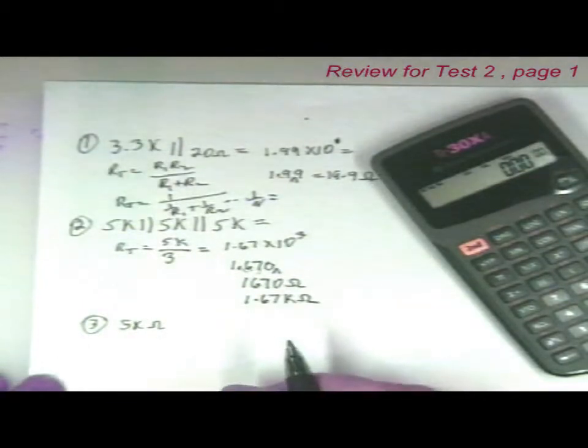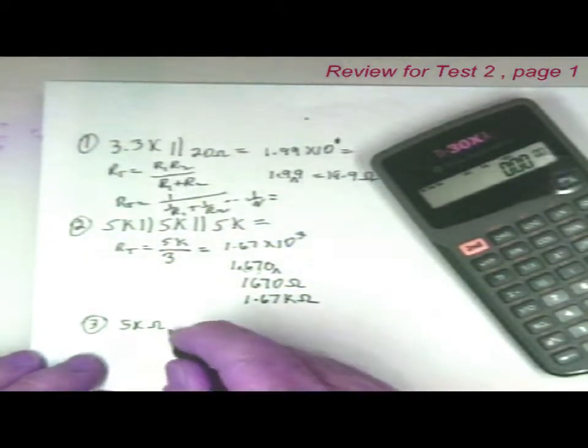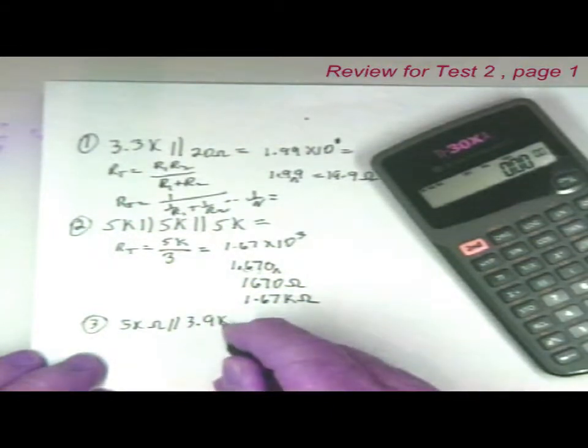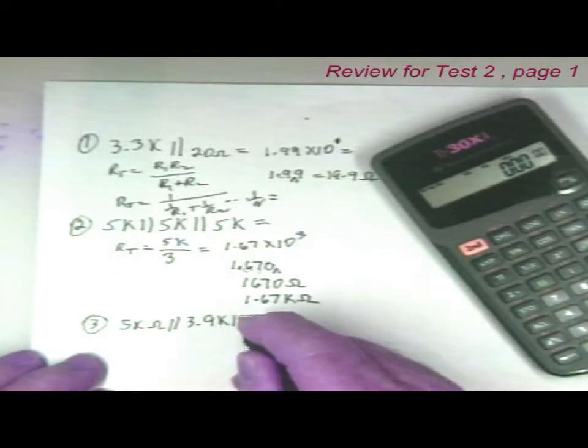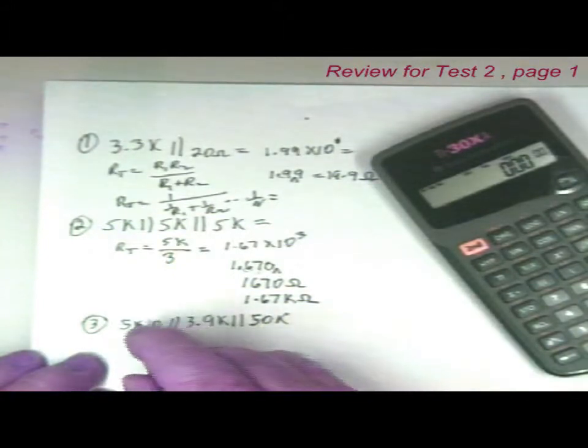So I'm doing number 3 on the list that I gave my students last week. And it's 5K in parallel with 3.9K in parallel with 50K ohms. And all of these are in ohms, by the way.